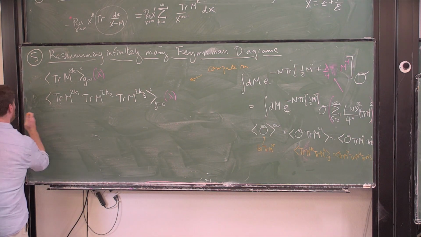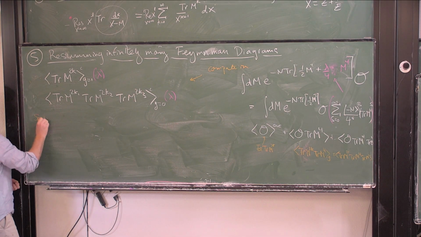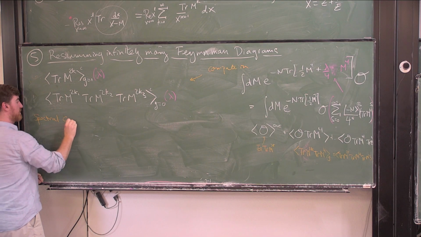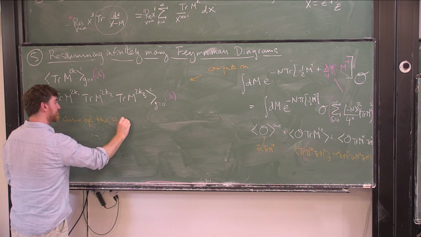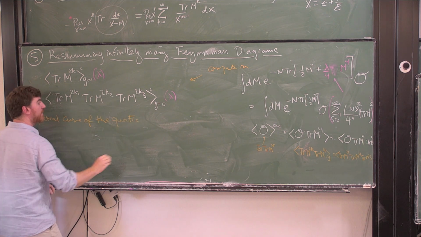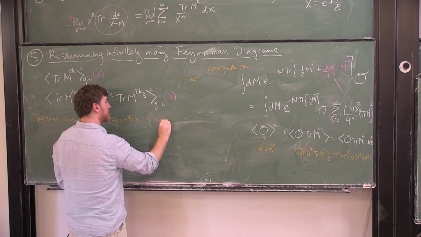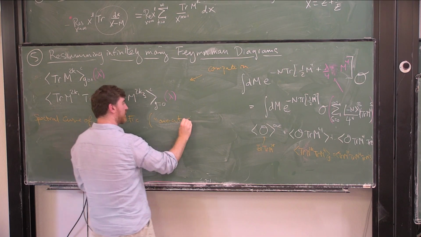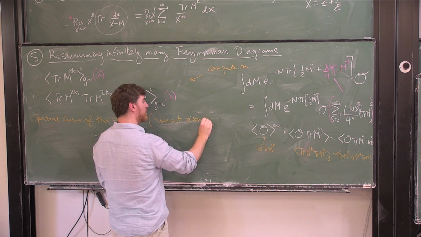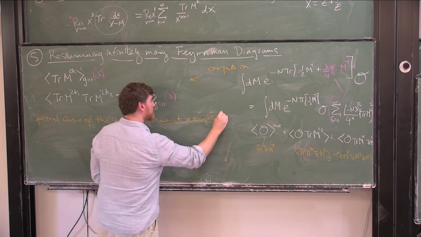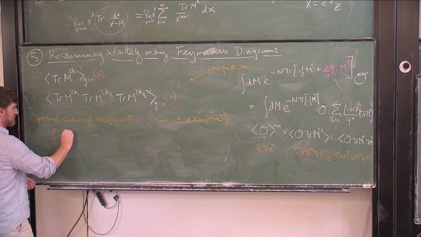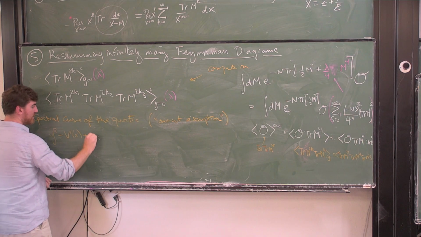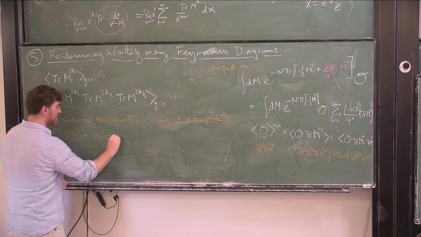So we just ask, what is the spectral curve of the quartic? And again, we'll use this one-cut assumption that I mentioned yesterday. I know that everyone computed y of x yesterday, so yesterday we would have this y of x, this polynomial being 0.